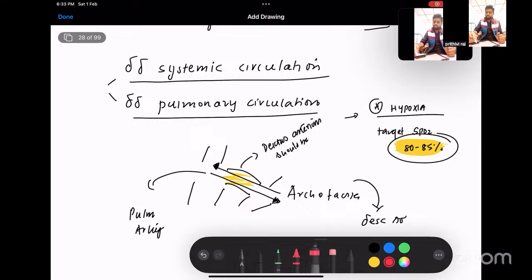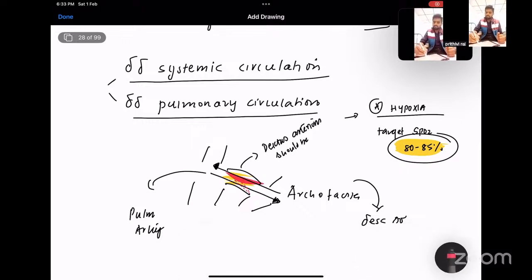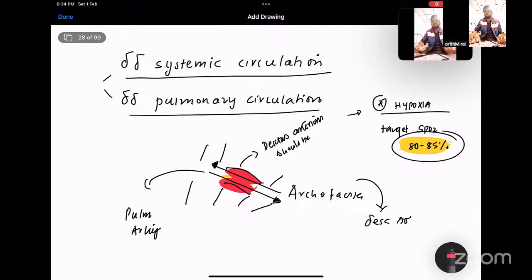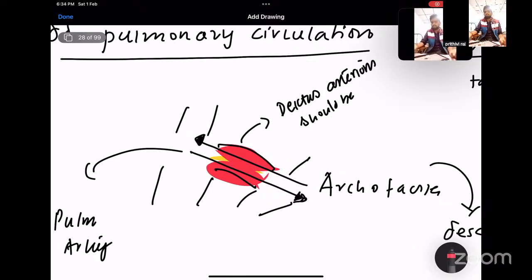As a result, what happens? It will close, right? It will close. So when it gets closed, the blood flow will not happen. In duct-dependent pulmonary circulation, there will be more cyanosis; the cyanosis intensity will increase. In duct-dependent systemic circulation, the child will become more and more shocked, which cannot be corrected because we have closed the ductus arteriosus by giving more oxygen.